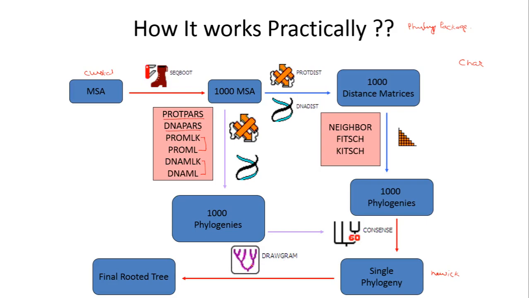Again, you can use programs like drawgram, or there is another program called drawtree that can be used to generate an unrooted tree. Drawgram is used to generate a rooted tree. Okay, so this is how it practically works when you use programs like Phylip.